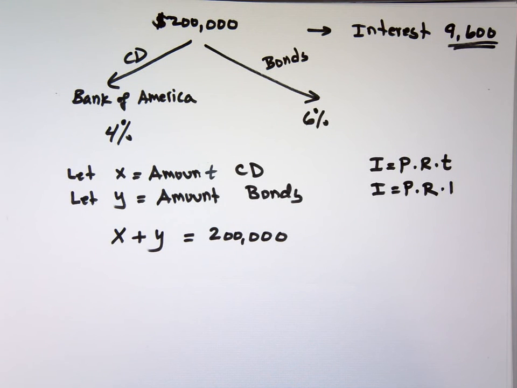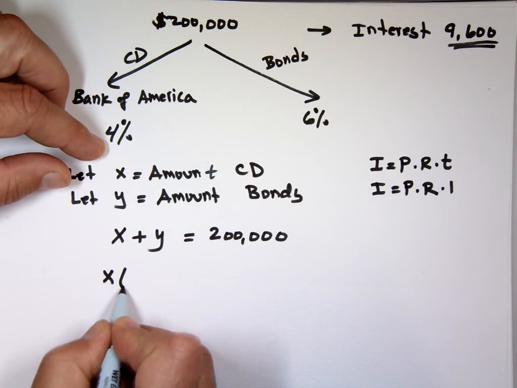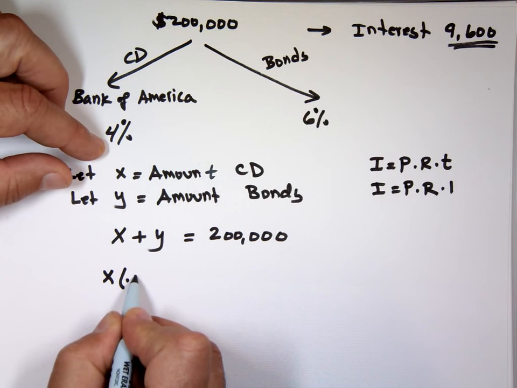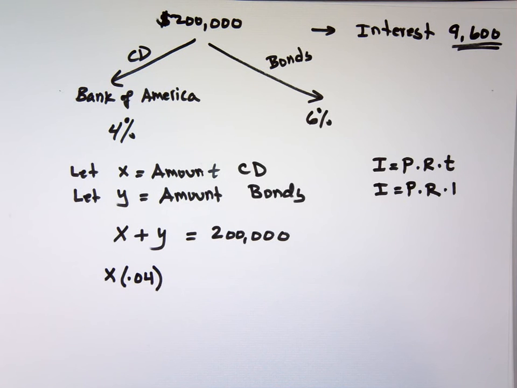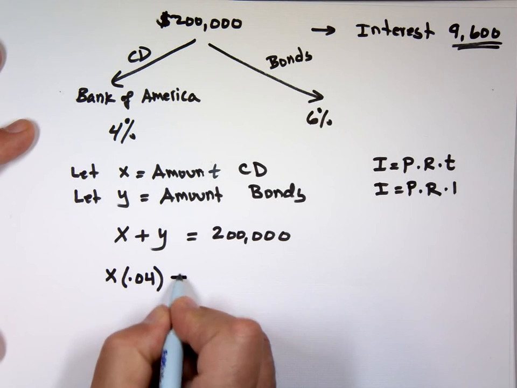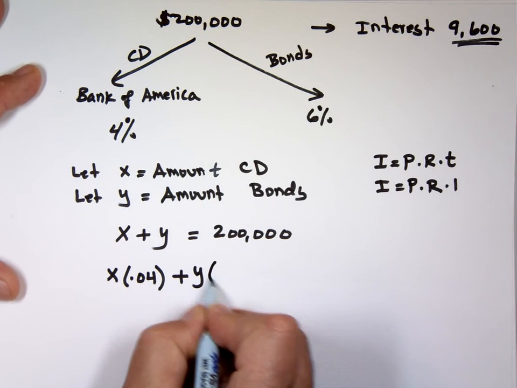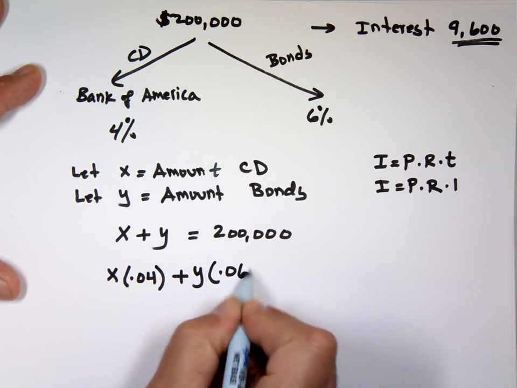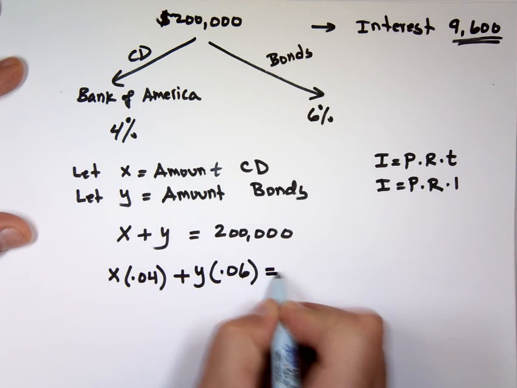So if you take the interest from Bank of America, which is the amount of money you put in, X, times the interest rate, 0.04, you add to it the interest from bonds, which is the amount of money in bonds, Y, times the interest rate 6% or 0.06, it should equal what? 9,600.